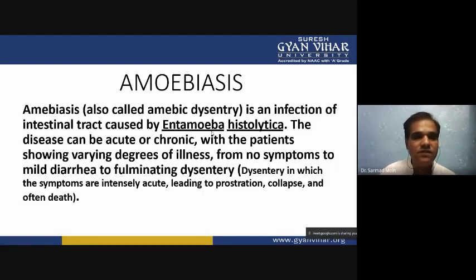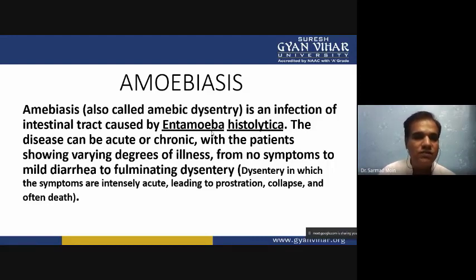If the contaminated food and water contain amoeba, cysts, or spores, then we get the intestinal infection, and the infected patient will have amoebic dysentery. The intestinal tract is the primary infection site, and the main causative agent is Entamoeba histolytica. The disease can be acute or chronic.